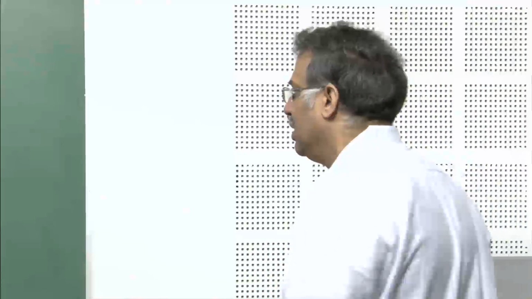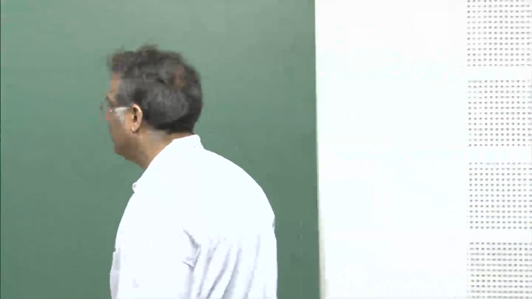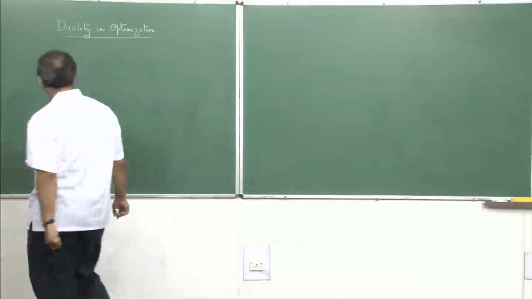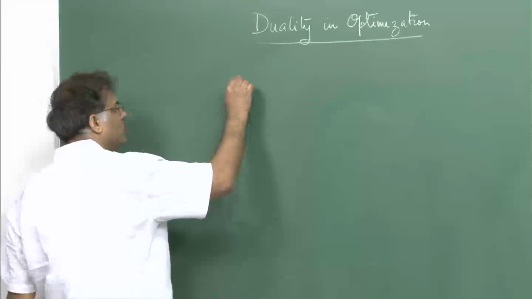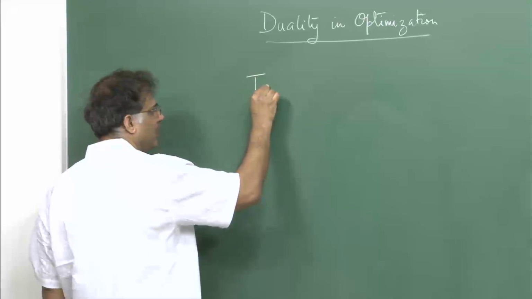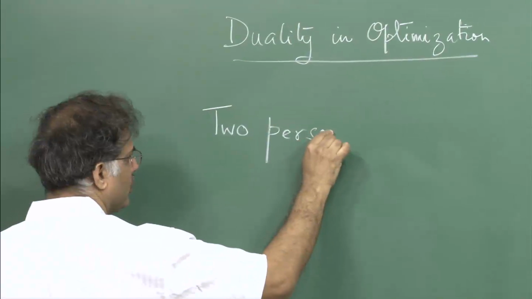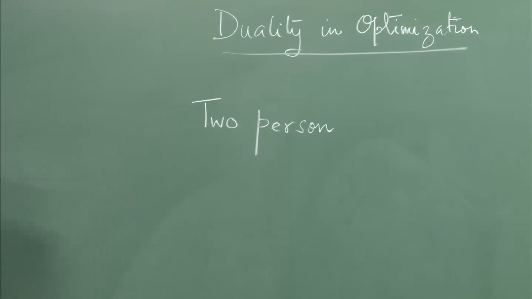Now, this issue of duality is linked to what are called two-person zero sum games. We will use this idea of two-person zero sum games, a concept which was very well studied by von Neumann and Morgenstern in their famous book Game Theory and Economic Behavior.